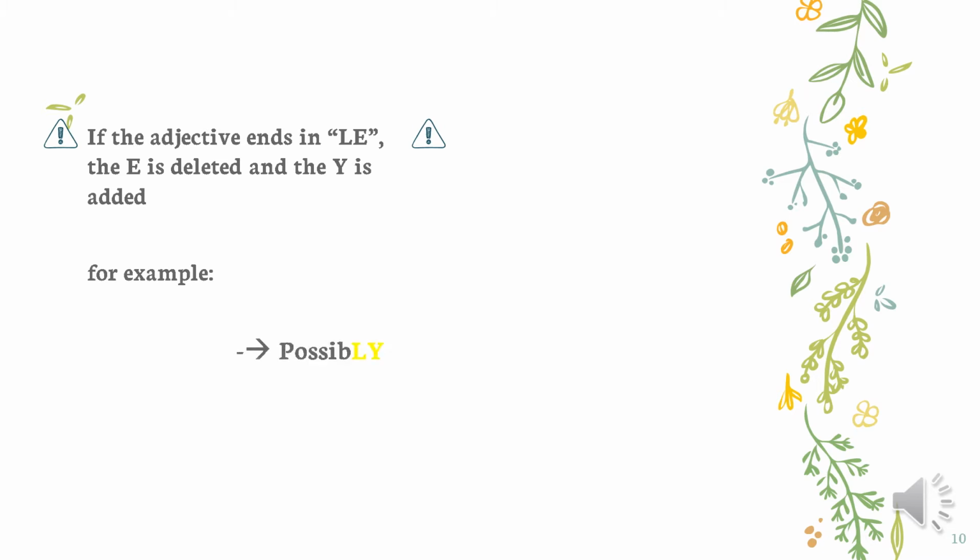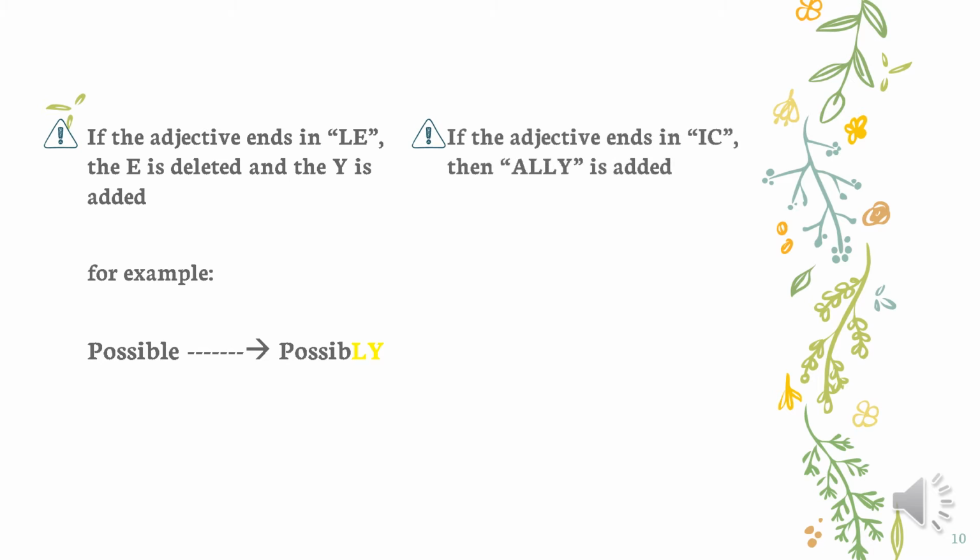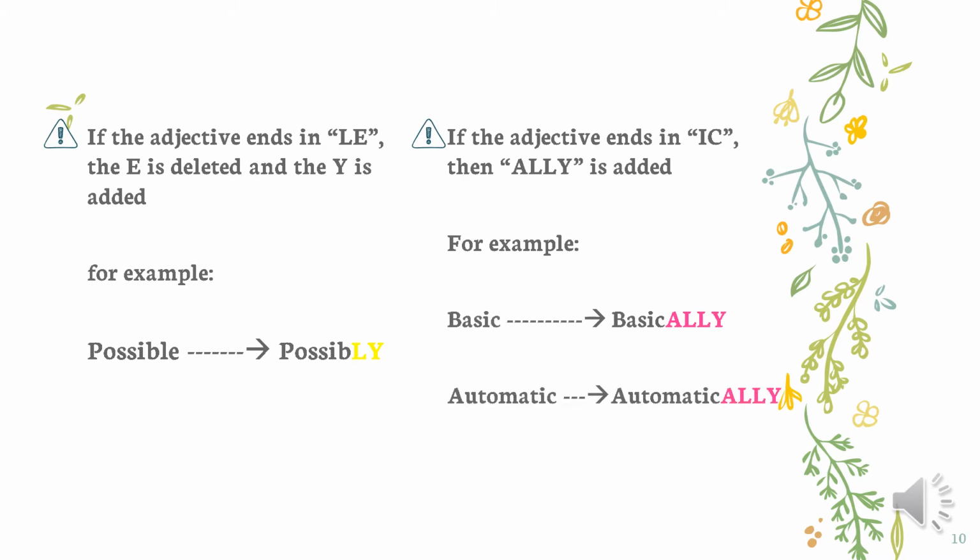For example, possible is possibly. If the adjective ends in ic, then ally is added. For example, basic, basically, automatic, automatically, tragic and tragically.